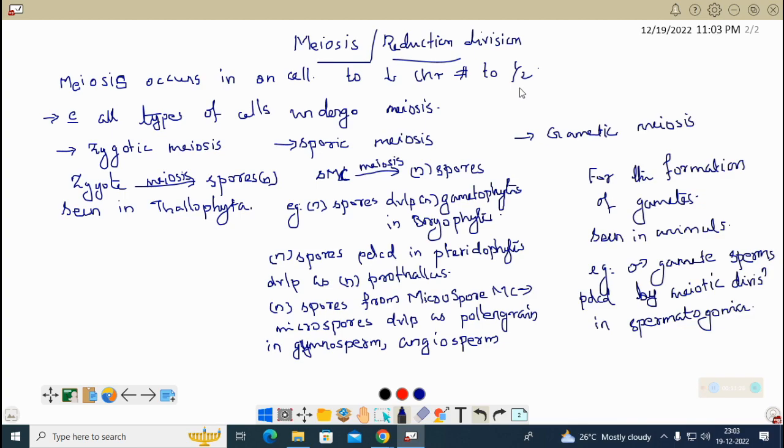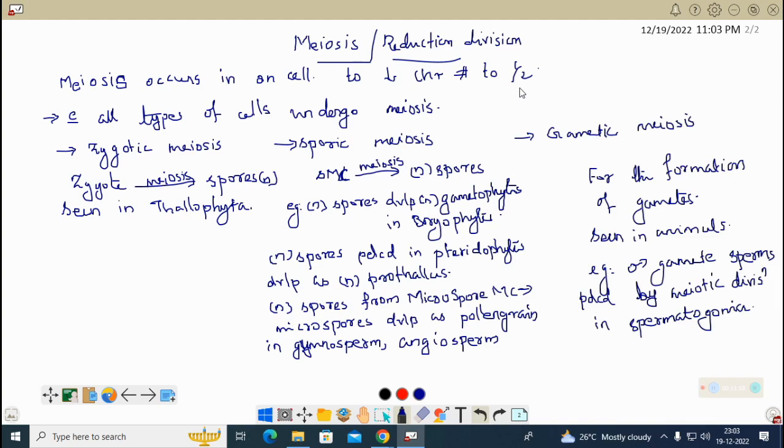Next, pteridophyte. We have studied that pteridophyte is a diploid plant body. Its reproductive structure is the sporangia, which consists of spore mother cells. That spore mother cell undergoes meiotic division and produces the spores. What will happen to these spores? They will fall down and develop as a new plant body: from the haploid spore, a haploid gametophytic plant body, the prothallus, will develop.